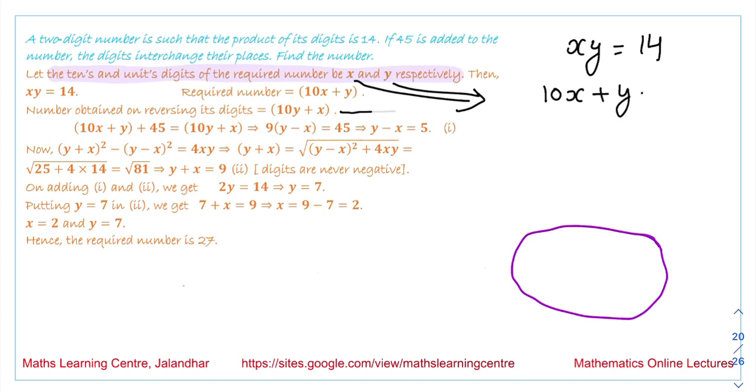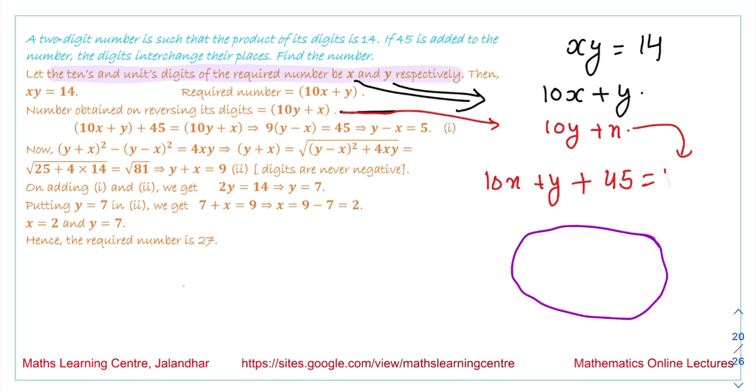If we reverse the digits, the number obtained is 10y plus x, and it is given that if 45 is added to the number, that is 10x plus y plus 45, the digits get interchanged, which means the number becomes 10y plus x.